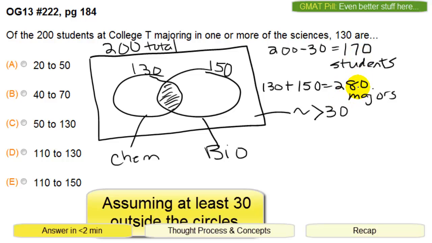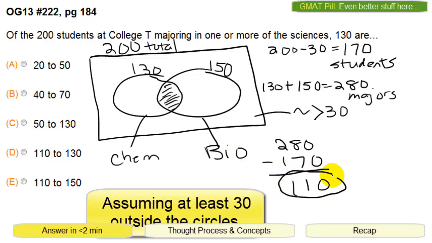But instead of 170, you actually get 280. So the difference, 280 minus 170, is the number of people who are actually double majoring. So that's basically 110. This number is describing this shaded area, so this shaded area is 110.